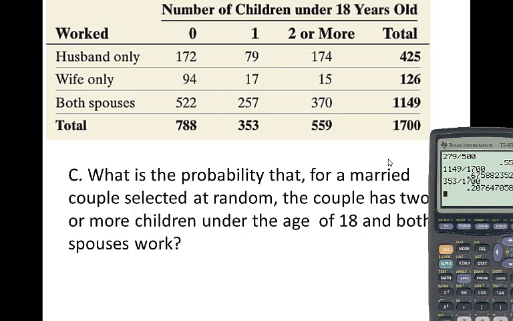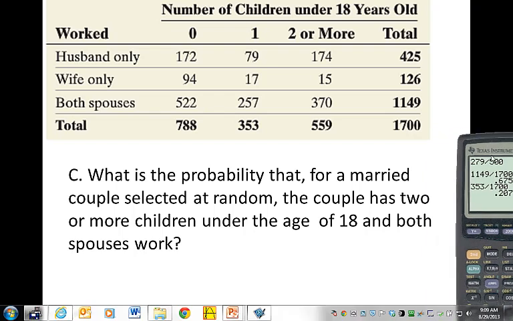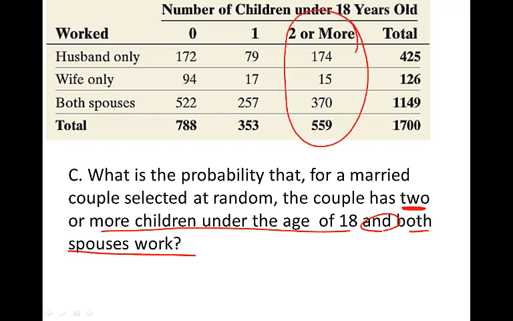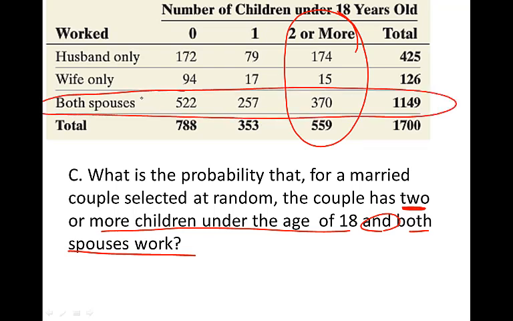Okay, part C. What is the probability that for a married couple selected at random, the couple has 2 or more children under the age of 18 and both spouses work? So 2 or more children under the age of 18 and then also both spouses work. Okay, so again, we're looking for that class. So here's 2 or more, and here's both spouses working. So how many fit that criteria?